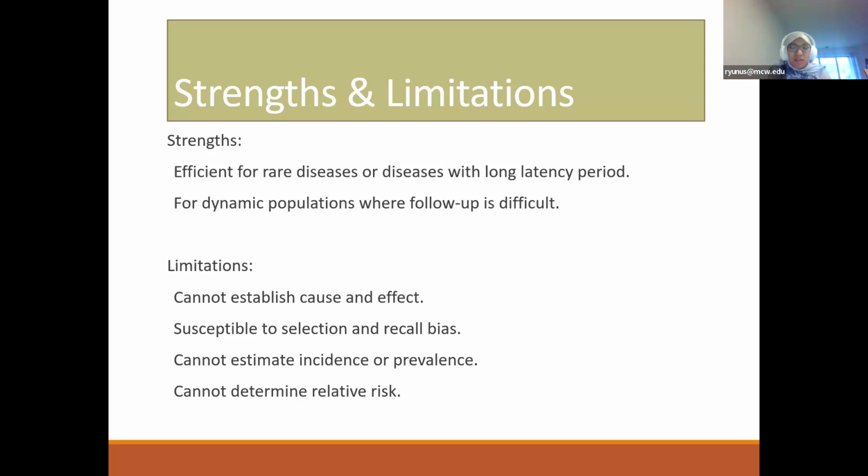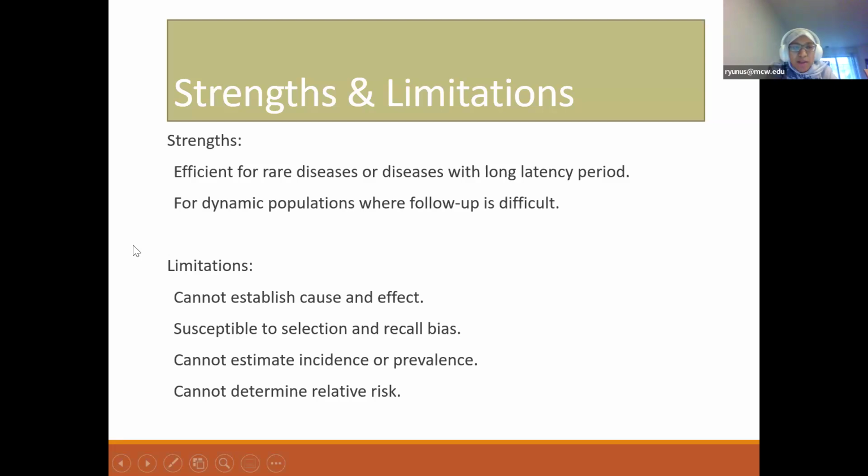So if it's a rare disease, if you sample 1,000 people, there is still a chance that you might not get even one person with that disease. So that is why one of the strengths of case control is that it's more efficient, right? And less time consuming if you opt for case control design.